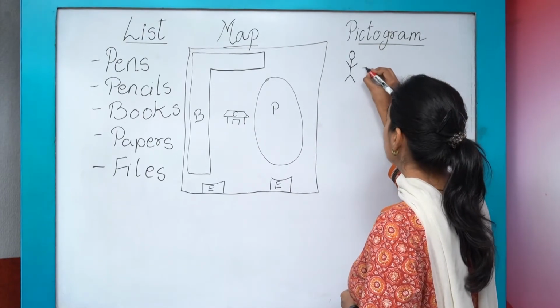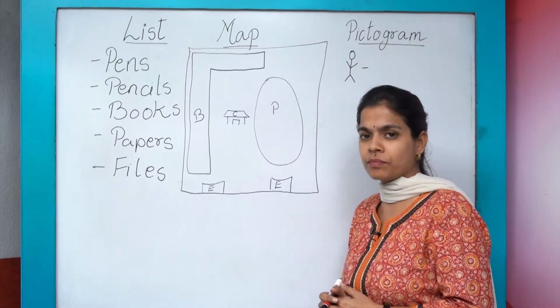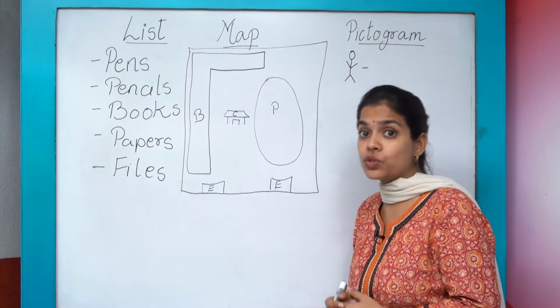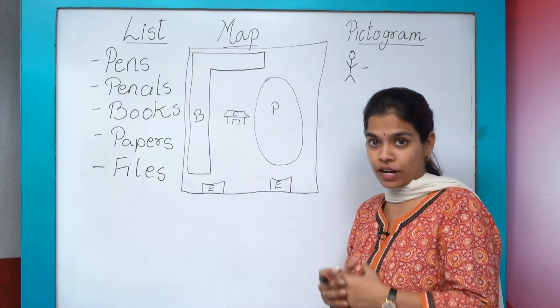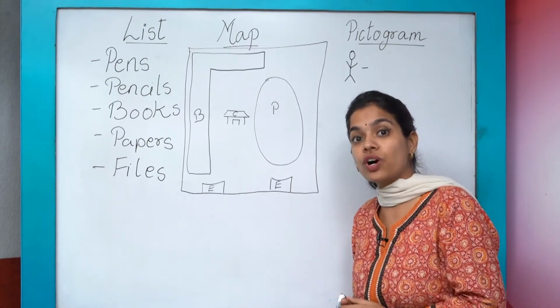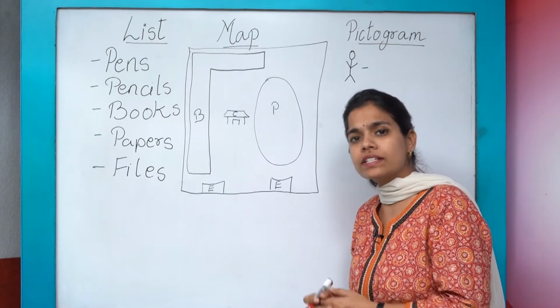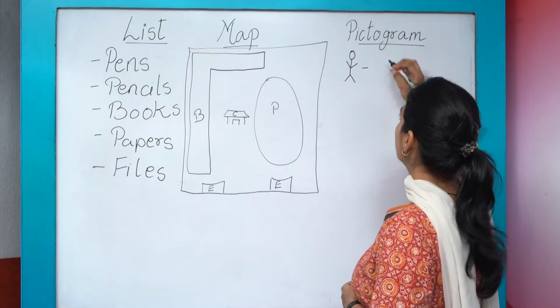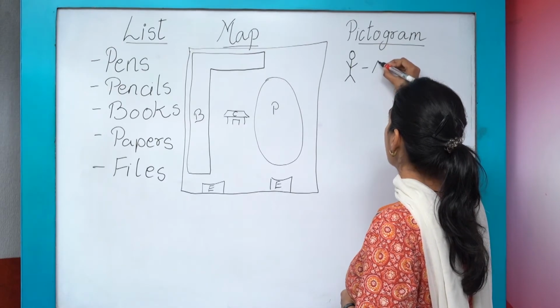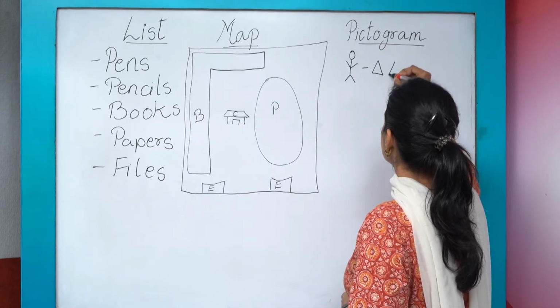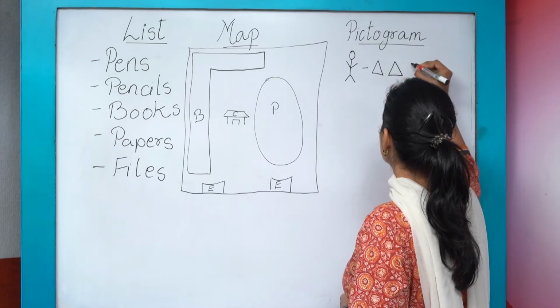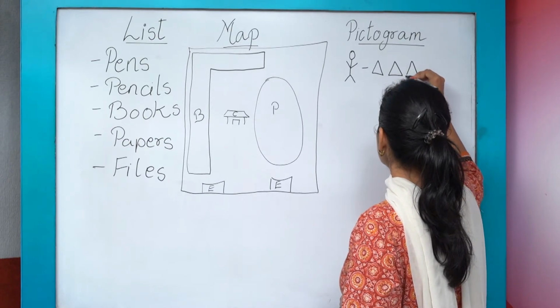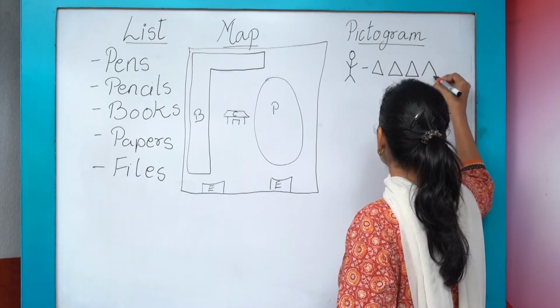There are 400 boys. Now, how do I show 400? Let me draw a symbol. The symbol can be a triangle. So, one triangle, two triangles, three triangles, and four triangles.